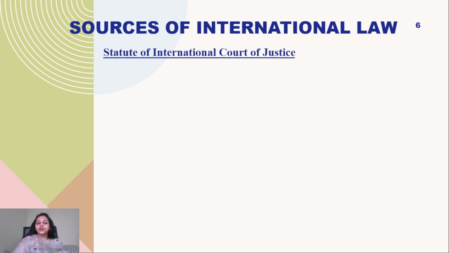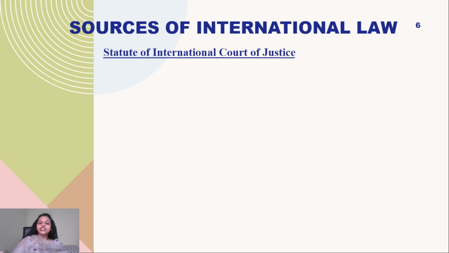Because it uses the words 'as applicable in International Court of Justice', that would mean that the Statute of ICJ talks about these 4 sources. There are 4 sources enlisted, which are sources for the purposes of deciding any case that comes to the International Court of Justice. That means that there may be some other sources of international law also.